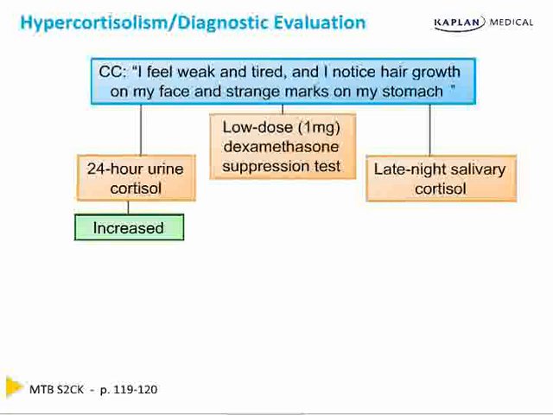Now, a 24-hour urine cortisol is increased. The reason why we do that test, even though it's harder to do, is because if it's increased, it really means you have hypercortisolism. There are very few false positives on a 24-hour urine cortisol. When we're upset, when we got to run for a bus, when we're late for something, our cortisol level goes up.